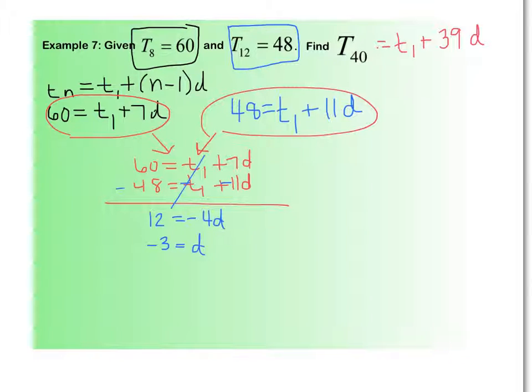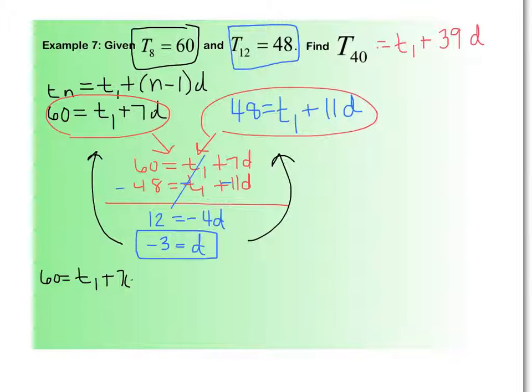So that's great. Now, just like we've done with systems of equations all year, we can go back and get T1 by plugging it back into either of the two original equations. Let's say I pick the first one. I can say 60 equals T1 plus 7 times d, which we now know is negative 3. And then we'll get that T1 is 81.